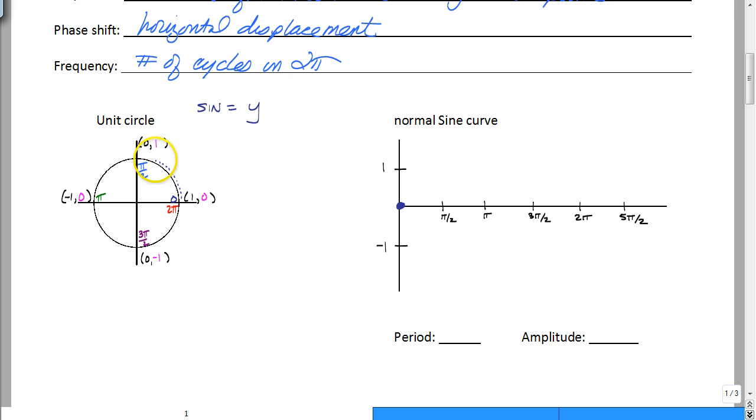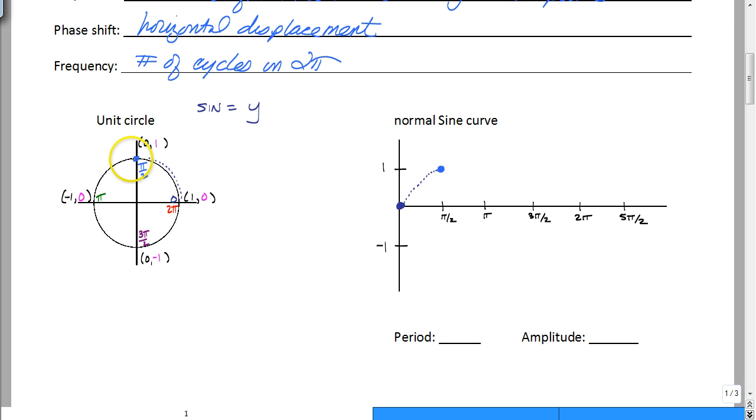The y value is increasing as you go up to pi over 2 radians. So as we approach pi over 2 radians, this graph is going to increase. Then at pi over 2, you reach the maximum height of this graph.